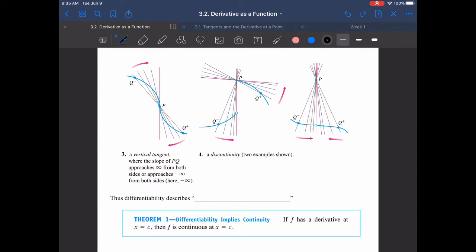Thus, differentiability describes smoothness. You need it to be smooth and continuous in order to take a derivative of it. So if something is differentiable, then it implies continuity. If f has a derivative at x equals c, then f is continuous at x equals c.